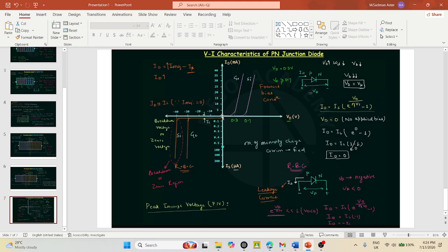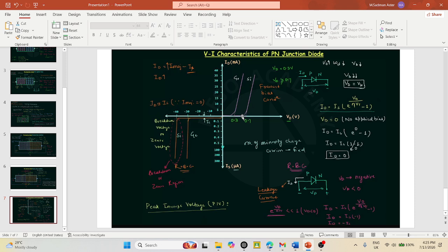If we keep on increasing the bias in the forward direction, unless or until we reach the potential barrier of silicon, we will not get any flow of current, because this potential barrier will hinder the flow of majority charge carriers through the PN junction.